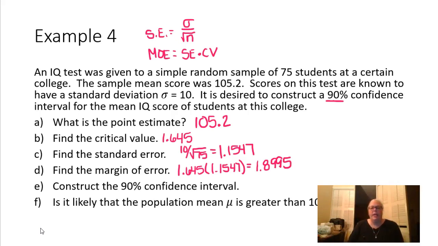All right, and then E is asking us, okay, what is the confidence interval? Well, the confidence interval is our point estimate plus the margin of error, and it's our point estimate minus the margin of error. And then we usually write them in parentheses as an ordered pair.